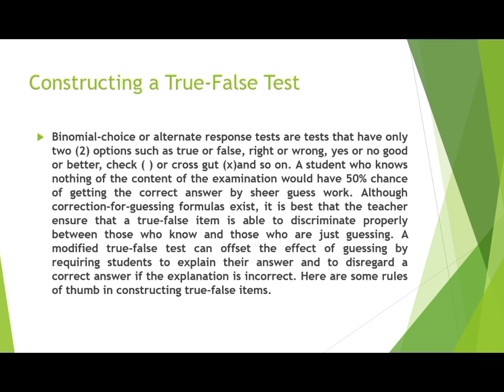Although correction for guessing formulas exist, it is best that the teacher ensure that a true or false item is able to discriminate properly between those who know and those who are just guessing, by requiring students to explain their answer and to disregard a correct answer if the explanation is incorrect. Okay, that is understandable, guys, no?